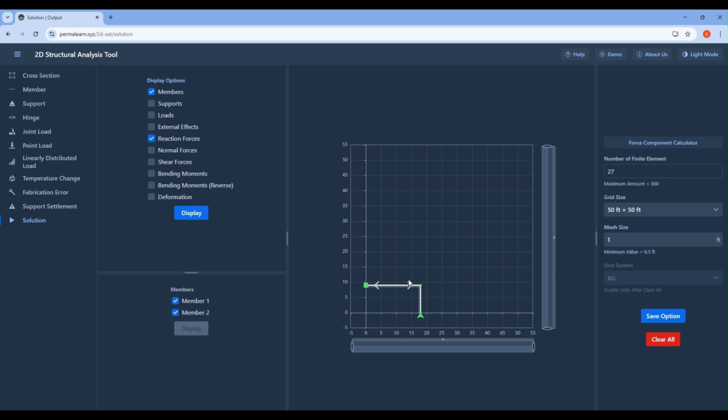So we just click reaction and then we click display.